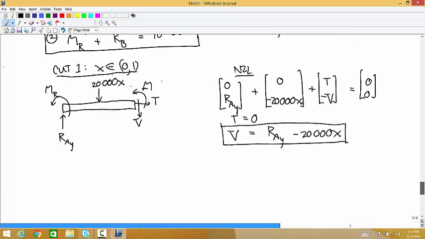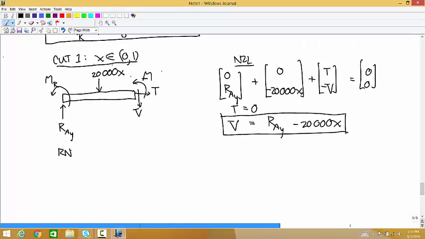And then the moment equation. We have M-R. The 20,000 X has a moment arm of X over 2, and it's negative, so that's negative 10,000 X squared. Plus M minus Vx is equal to 0.